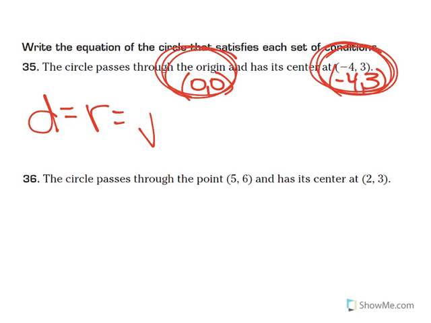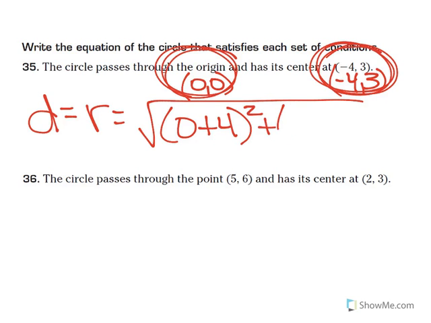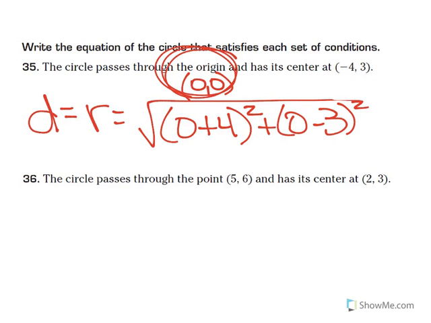The distance formula is just 0 plus 4, right? You subtract your x's, and then you subtract your y's. So if your center is at negative 4, 3, and your radius is whatever this is, you can write your equation. And then the same thing, you have to find your radius based on your distance between these two points right here.